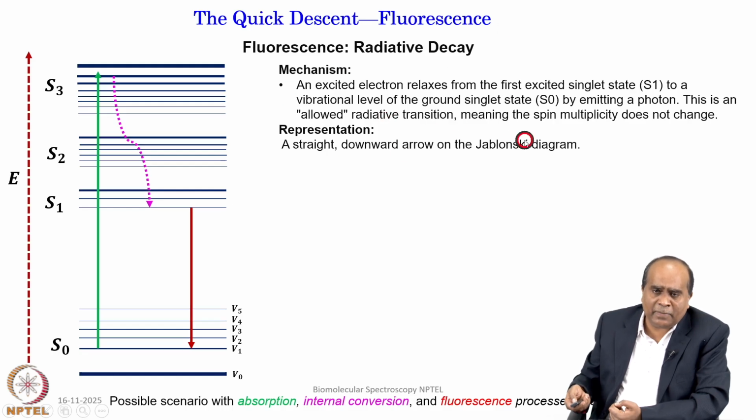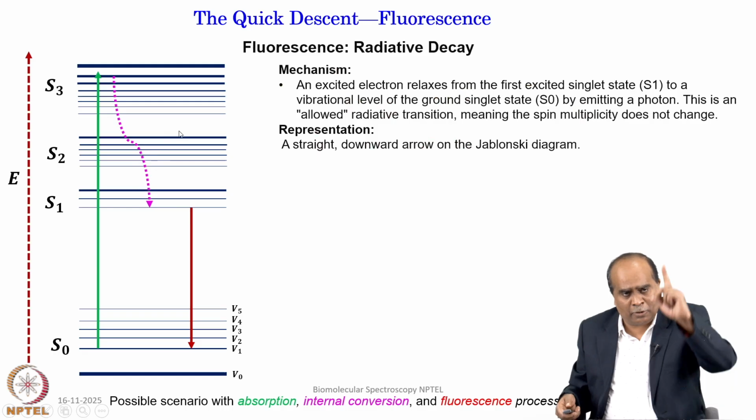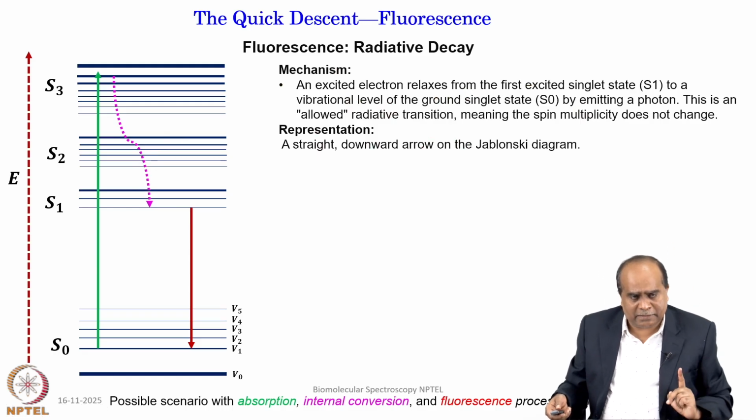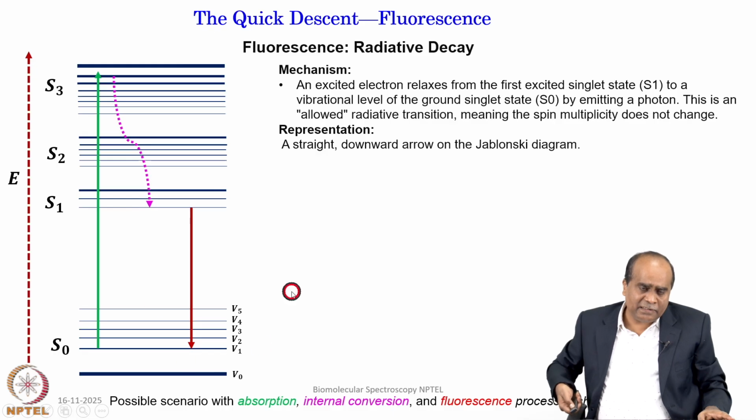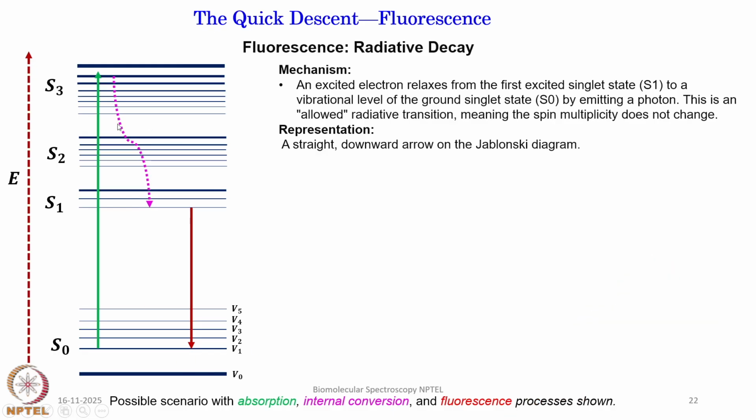That means the spin multiplicity again is not changing. It has gone like this, it will come like this. What I mean is, suppose these two electrons were like this, and this electron moved up and then came back, it is still like this.